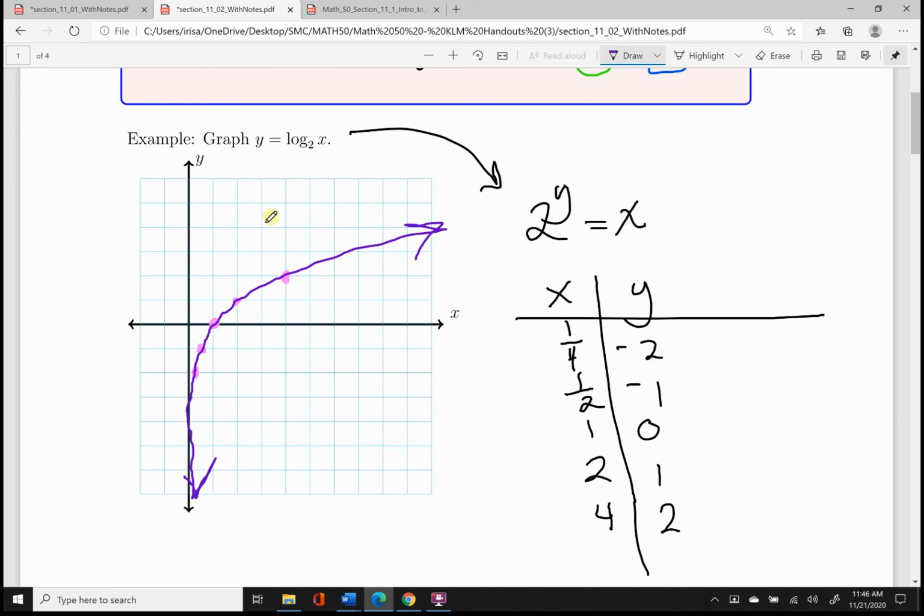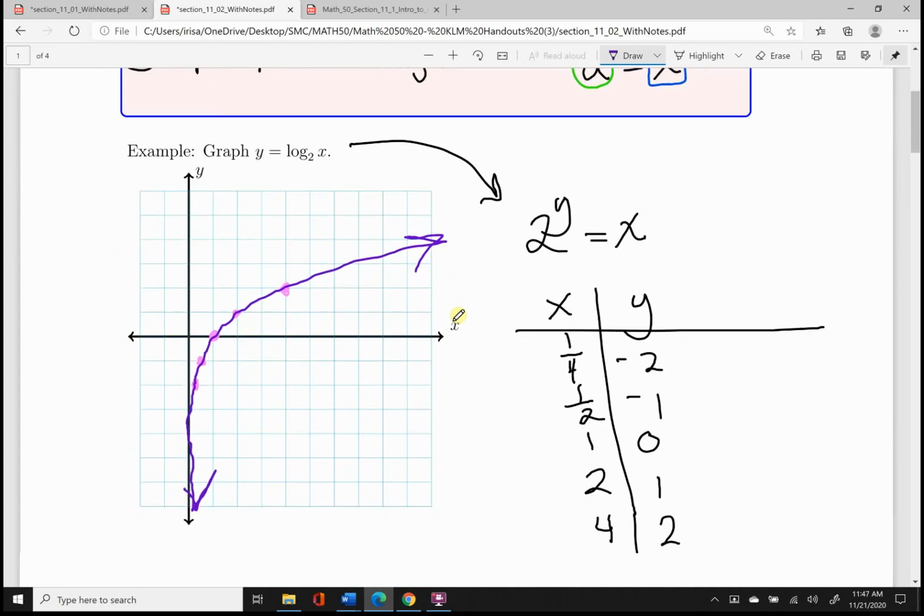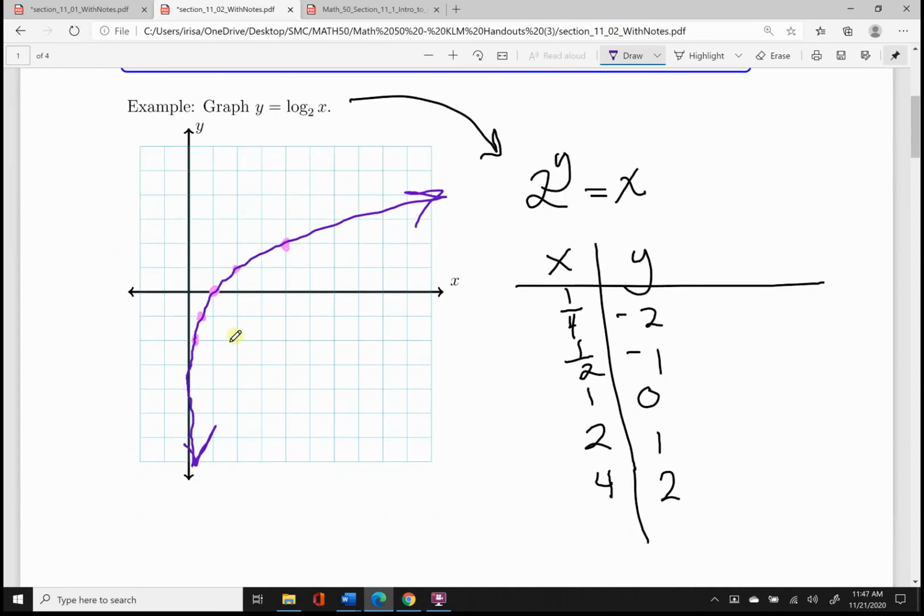Cool. So that's what y equals log base 2 of x is going to look like. Now remember, you don't ever really actually use this structure in order to plot the points. You're going to write it in its exponential form using the conversion process with the 3-part mantra here. And then those ordered pairs are going to get plotted in the xy plane, and you connect them, and it's going to look like some exponential growth or decay model, but on its side, okay?